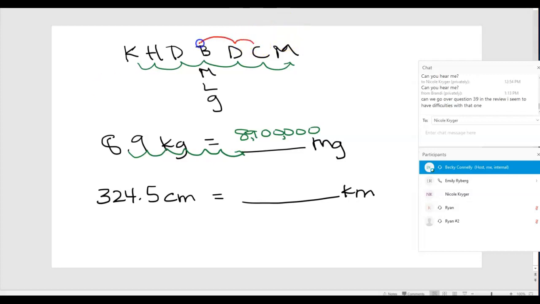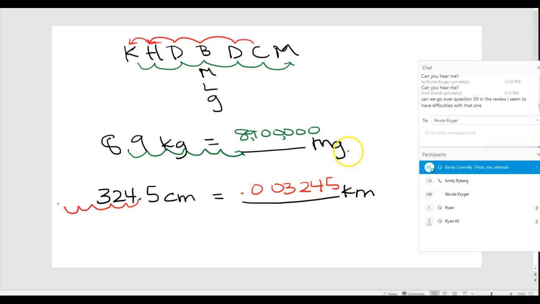Kilometers, yep, is correct. So just moving that decimal point is really all you're doing on those.